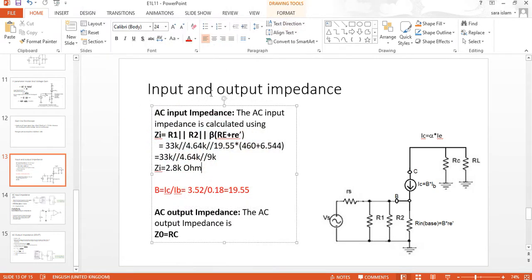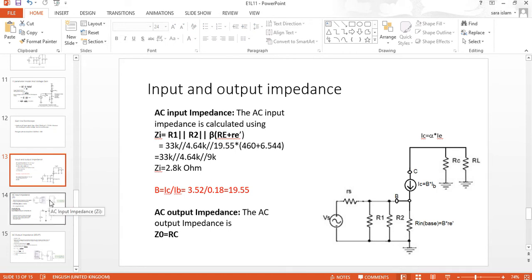When we find the parallel impedance of these three, that would be 2.8 kilo ohms. So this is your input impedance by calculation, and by theoretical procedures your output is equivalent to RC, and RC is 1.7 K.